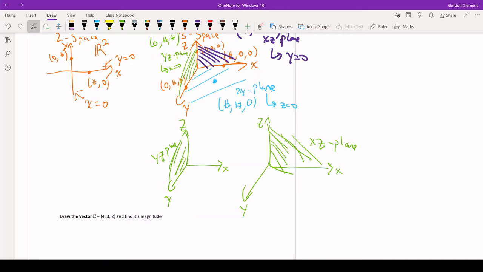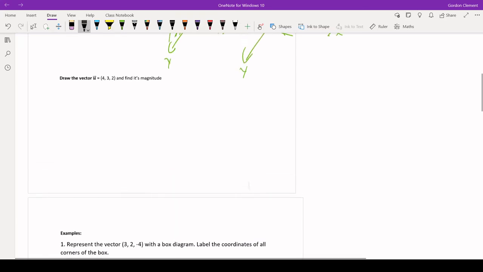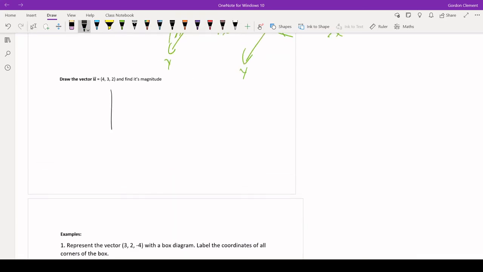Okay, so now what we're going to do is learn how to actually draw vectors in 3D, because it's pretty tricky, but there is a way to do it so that it kind of works out. So we're going to draw the vector 4, 3, 2. So I'll keep it going this way with my x going out to the right.